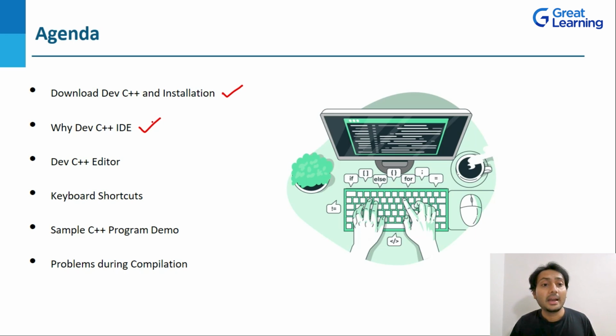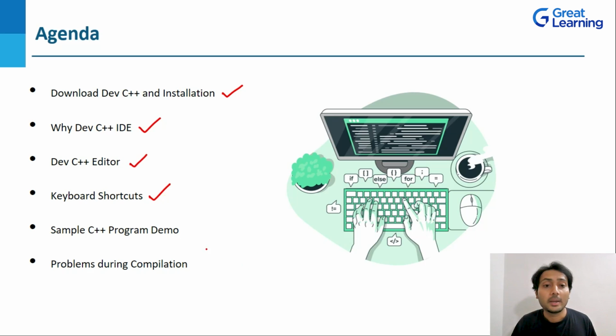And we will check out how the editor looks. Once you've seen the editor, we will also check out a few keyboard shortcuts, because every time using the mouse might delay the compiling and execution of a program. So it's a good habit to know all the keyboard shortcuts because it will be handy for you to compile, run and use other features.